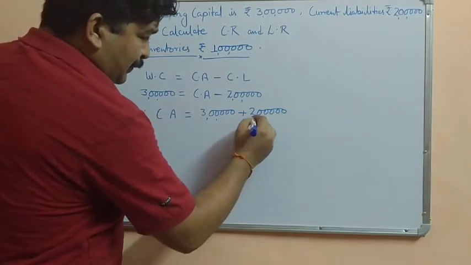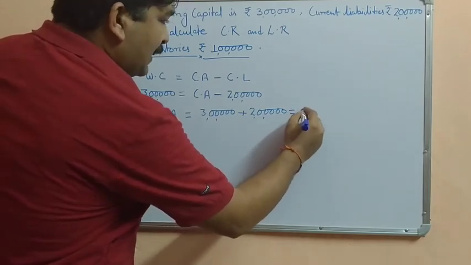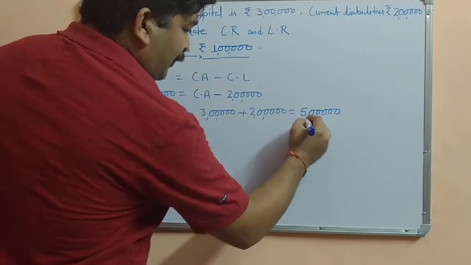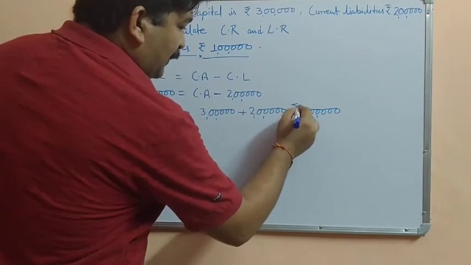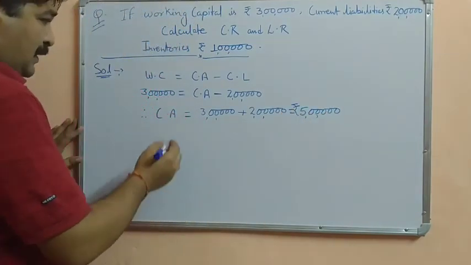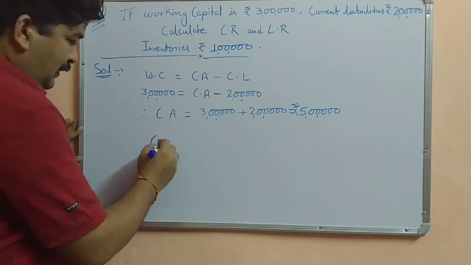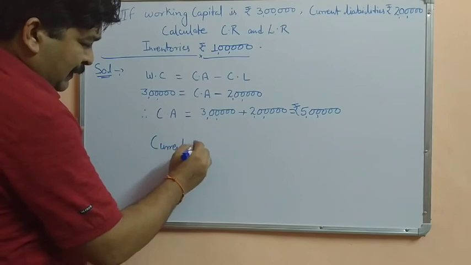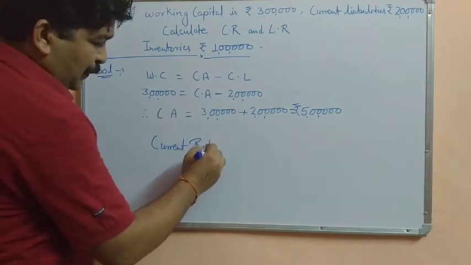What is the value of current asset? 5 lakh. Now, current ratio.